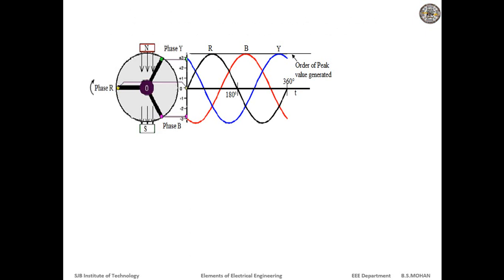Here, as we are aware, if these are the flux lines, and if this is the force experienced by the conductor, and if this dot is the conductor, what is the magnetic field induced?